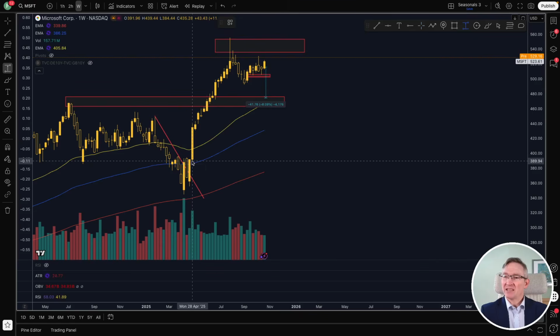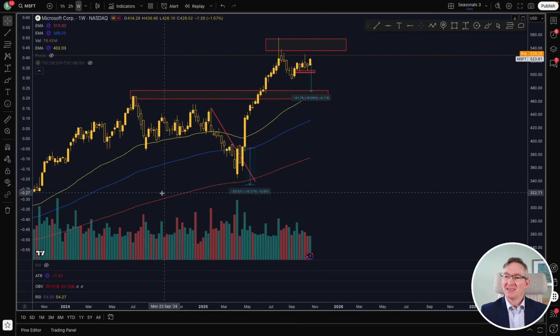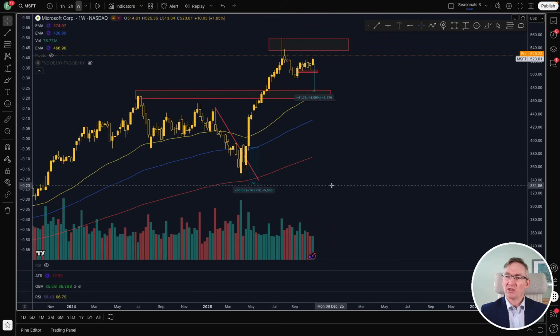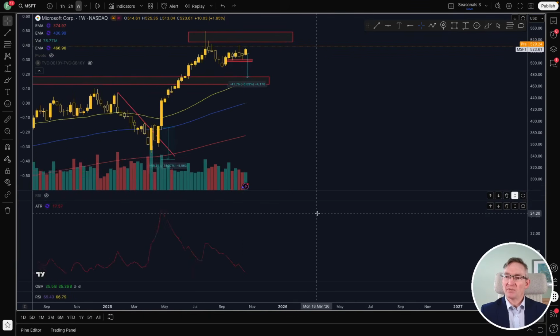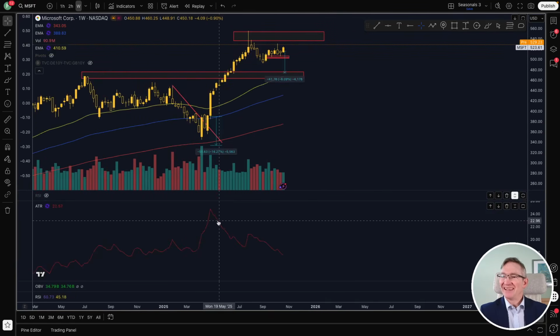14.74% would mean a stop here underneath the 200 exponential moving average. So you'd have two choices here. You could use a volatility-based stop using the average true range, and you can see, look at the average true range for this period. It's quite volatile, 24.80.